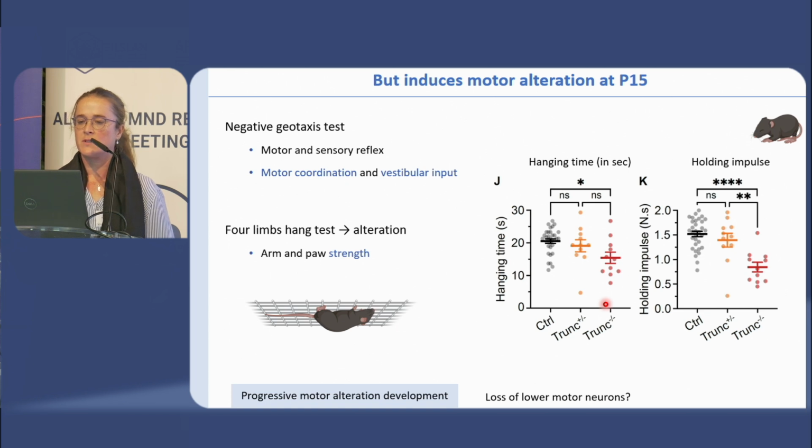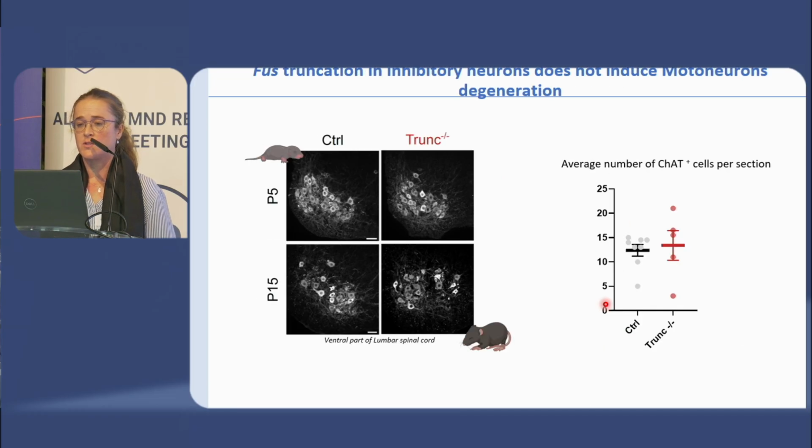So we wondered there if this alteration was associated with the loss of lower motor neurons. So we decided to make some immunostaining of the motor neurons in the ventral part of a lumbar spinal cord section. So from there, I only focus on homozygous mice because heterozygous and control mice show the same thing. So we decided to focus more precisely on homozygous there.